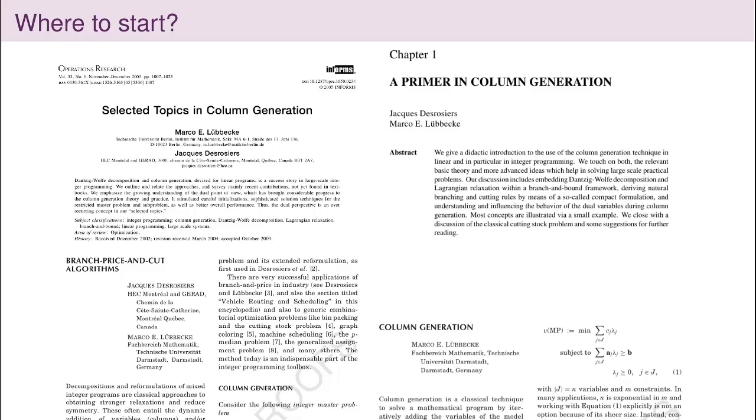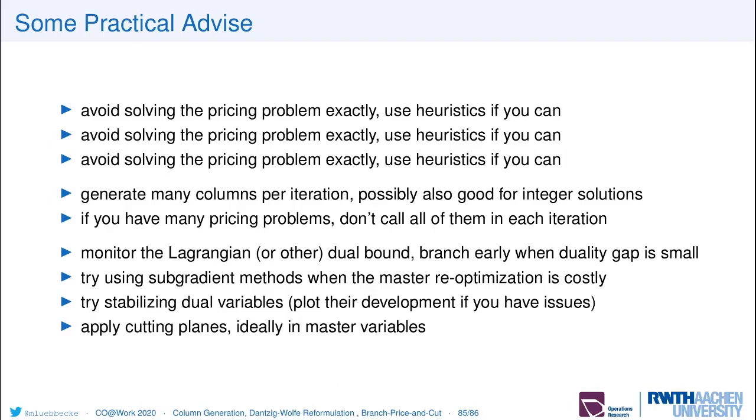There are many tricks. I have tried to list some of them here, and maybe this slide is the only thing you will consider later once you have tried a branch and price implementation yourself. So number one advice is do not solve the pricing problem exactly, because typically this is the costliest step.